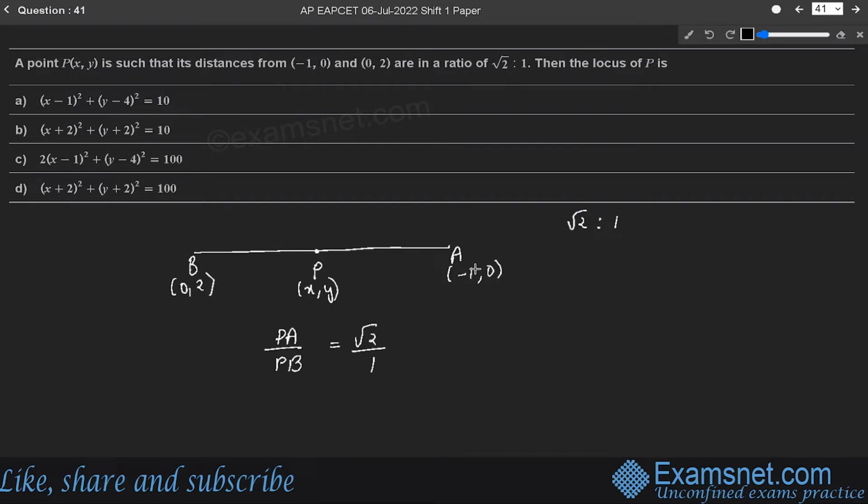Now, by using the distance formula, we can calculate PA. The distance formula is under root of (x2 minus x1) whole square plus (y2 minus y1) whole square. So PA will be equal to under root of (x plus 1) whole square plus (y minus 0) whole square, which is equal to x square plus 1 plus 2x plus y square.